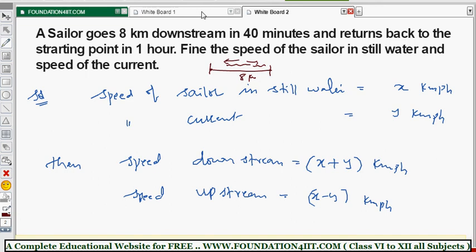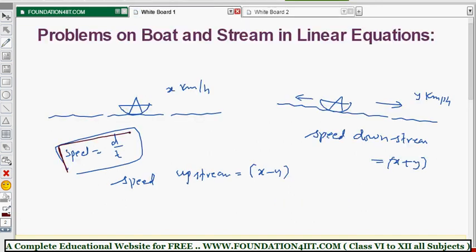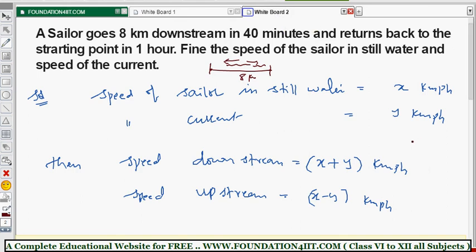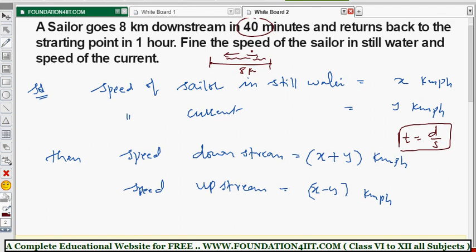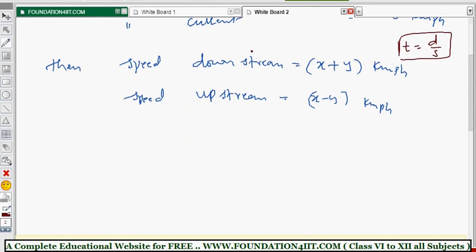The formula: speed is equal to distance by time. From this, time is equal to distance by speed.